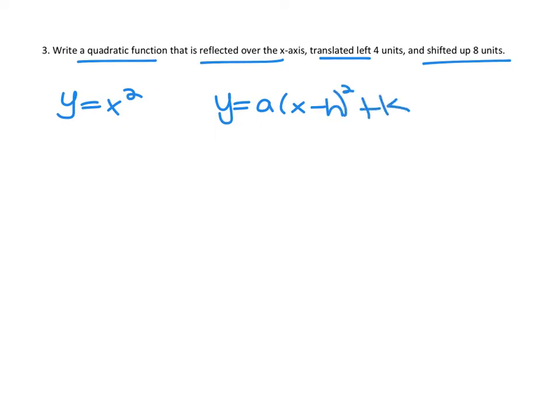So what I want to do is plug in the values for a, h, and k that'll do what this is asking. So the reflection over the x-axis is actually the a value. If I want to reflect over the x-axis, I just simply need to make it negative. I don't even need to put a number. I could just put negative, really -1, but we don't need to put that there. X translated left 4 units is +4, because remember it's opposite of what you think on the inside of the parentheses. Then up 8 units is +8.